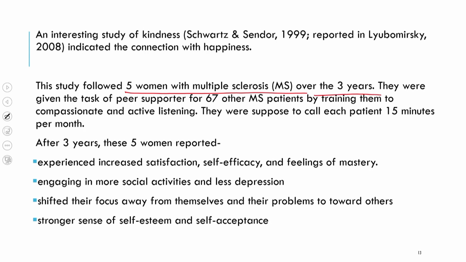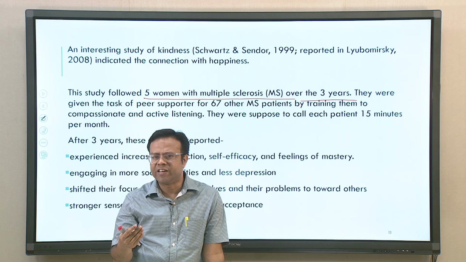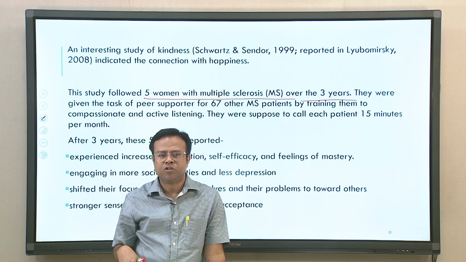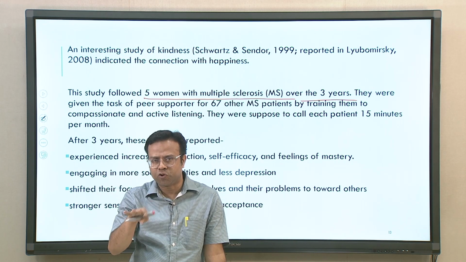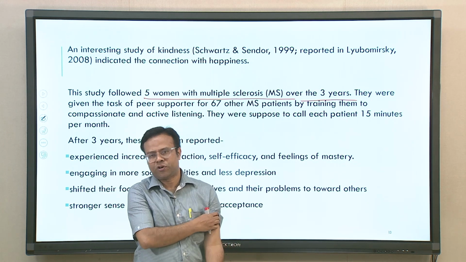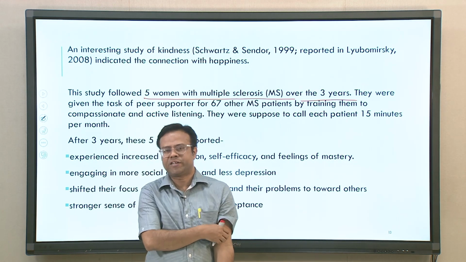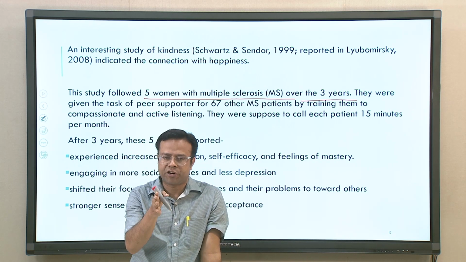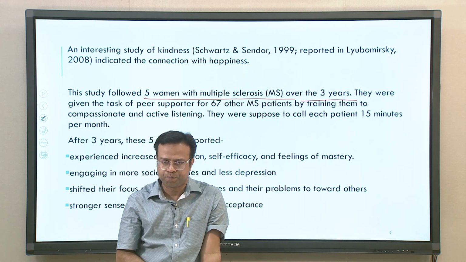They had the disorder of multiple sclerosis, a neurological disorder where their life was highly limited. It included things like not being able to move and other limitations. So, the 5 women with this disorder were selected for this study, and the researchers followed them for 3 years.